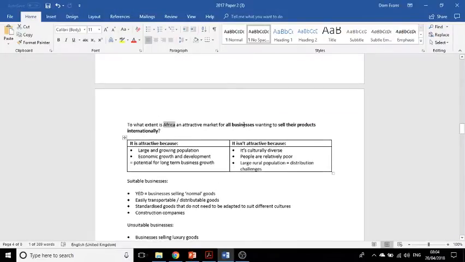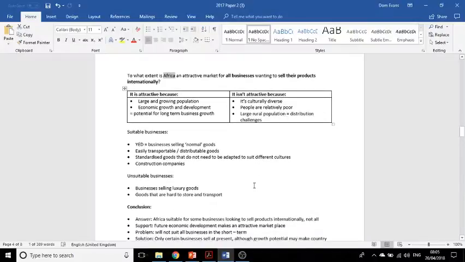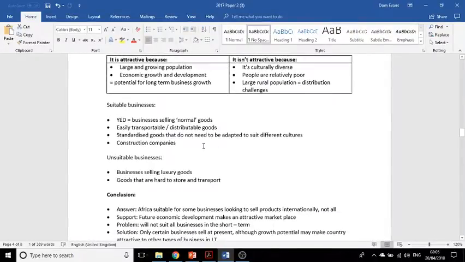And the question is about all businesses. So I need to start thinking as I'm going through these, well, what sort of businesses would it be attractive for? Well, it would be attractive for businesses selling normal goods. This is related to income elasticity of demand, where as incomes go up, demand for those products goes up. We know that there's a large and growing population with the potential for economic growth.